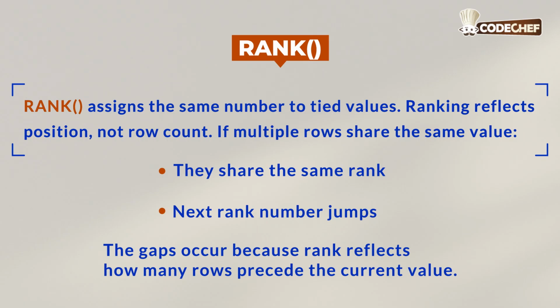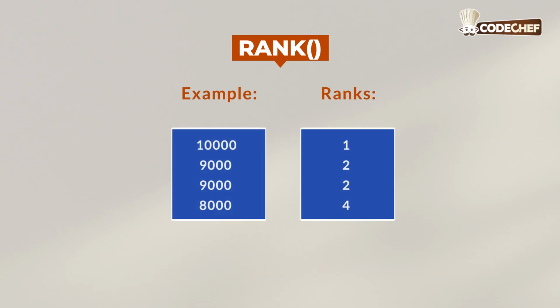Let's understand this with the help of an example. Let's suppose we have four values: 10,000, 9,000, 9,000 and 8,000. So these are four values arranged in descending order, starting with the greatest one, that is 10,000. So it will get the rank 1. Then 9,000 rank 2, but the third value is also 9,000. So we cannot say that this will be ranked as 3 because it is equal to the second value.